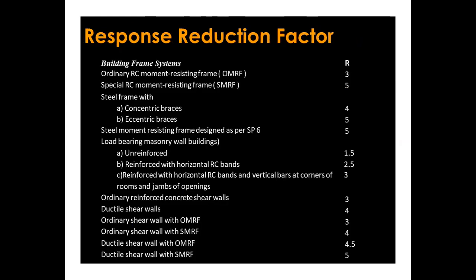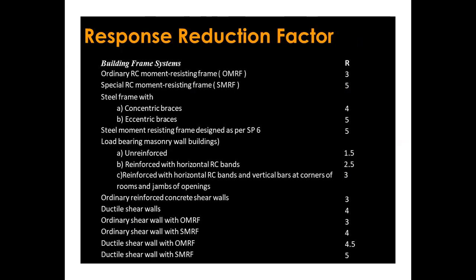Here, the response reduction factor, which is R, is taken as 3 if there is an ordinary reinforced concrete moment resisting frame, which is denoted by OMRF. If there is SMRF, which is special RC moment resisting frame, then we take response reduction factor R equal to 5.